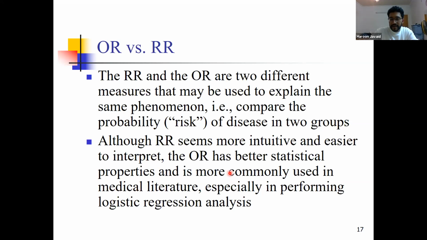Basically, what they mean is that if you use odds ratio in medical literature, you are more likely to get a favorable result, or not favorable, let's put it more accurately, a more accurate result. So you just need to know that odds ratio has better statistical properties, especially when you're using something known as regression analysis.